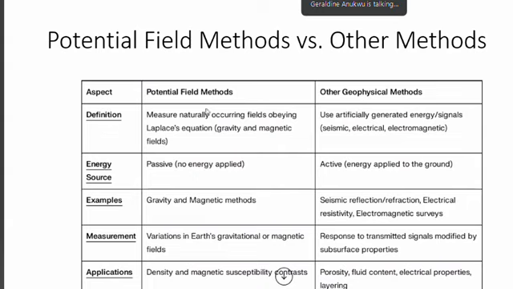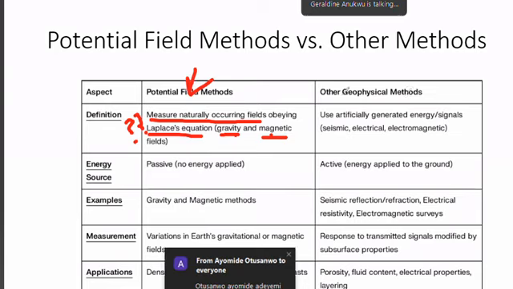So the definition for potential field method: please take this note. It measures naturally occurring fields that obey Laplace's equation. So the question we'll now ask ourselves is, what is Laplace's equation? The two methods that obey Laplace's equation are the gravity and the magnetic fields. That is why the gravity and magnetic fields are classified under the potential field method, while other methods are classified under the general geophysical methods.